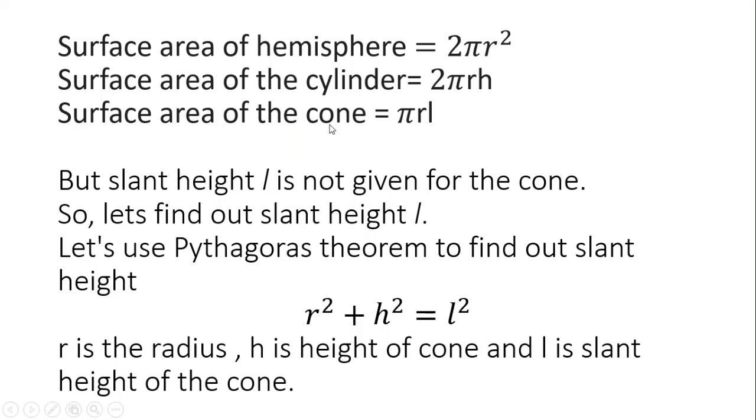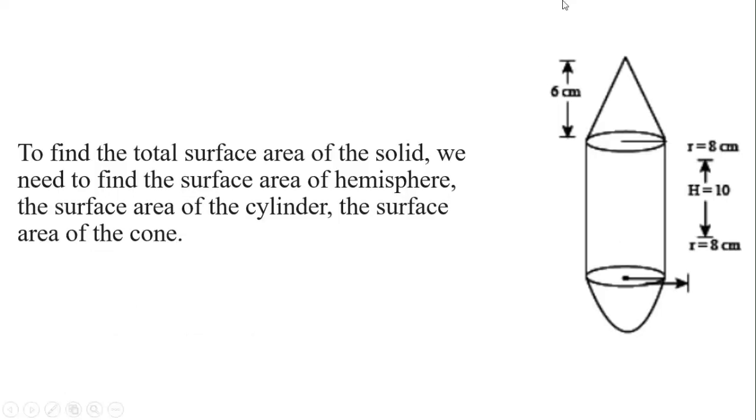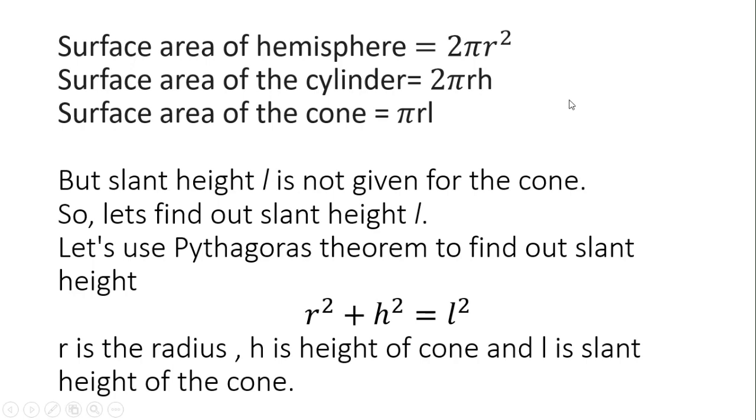What should we use here? This is the slant height. To find this slant height, we know the height and we know the radius. To find the slant height of a cone, we use the Pythagoras theorem. L square is equal to r square plus h square.